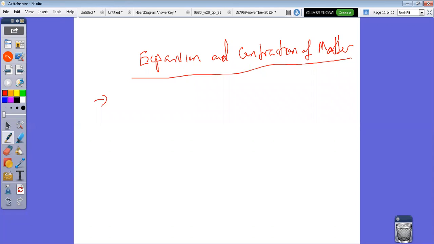No, I'm talking of applications, life applications, where the concept of expansion and contraction is used, especially for solids. We can't think of any? Expansion.